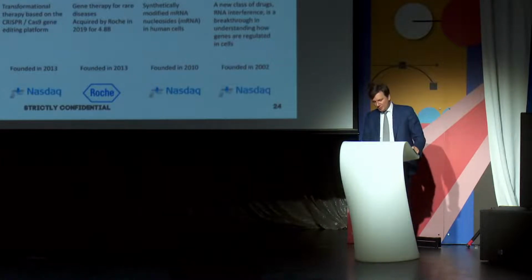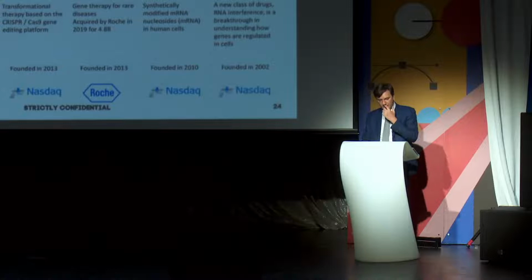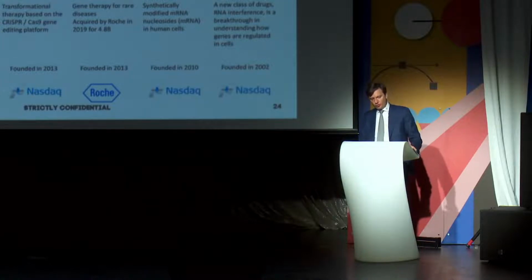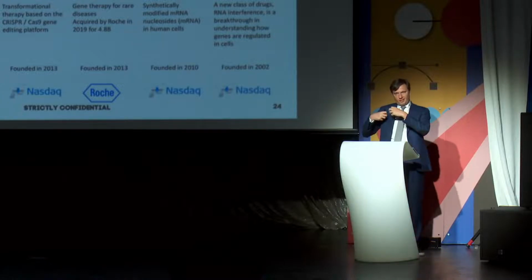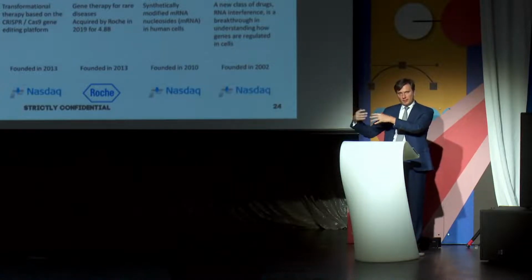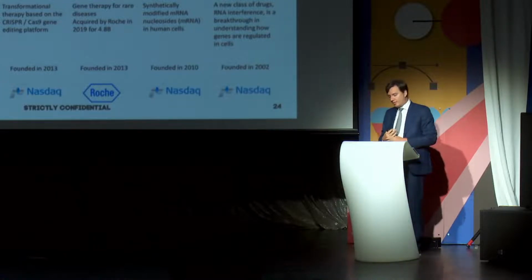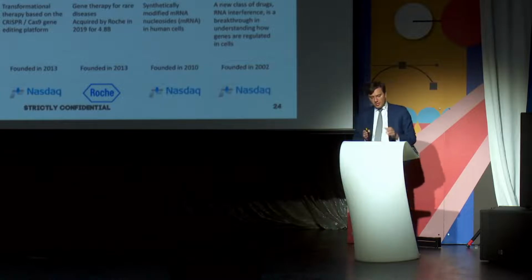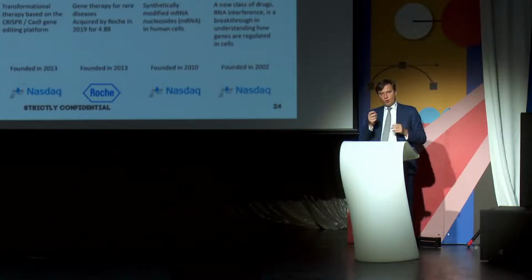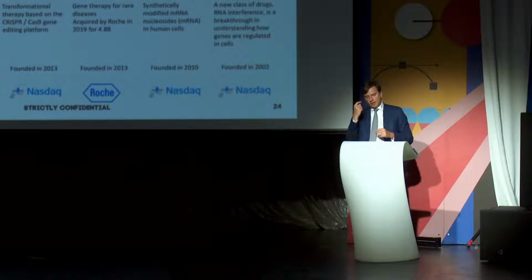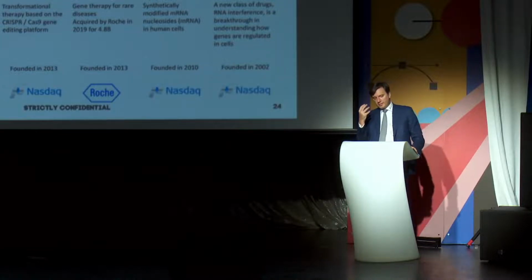So CRISPR is the way to change genes in the human body in vivo. So you don't take cells outside the body and reprogram them outside the body, but you change cells within the body, in the living organism. So primarily they were focused on ocular diseases, because if you change the gene and apply this to the eye, normally the drug would not go into systemic flow.